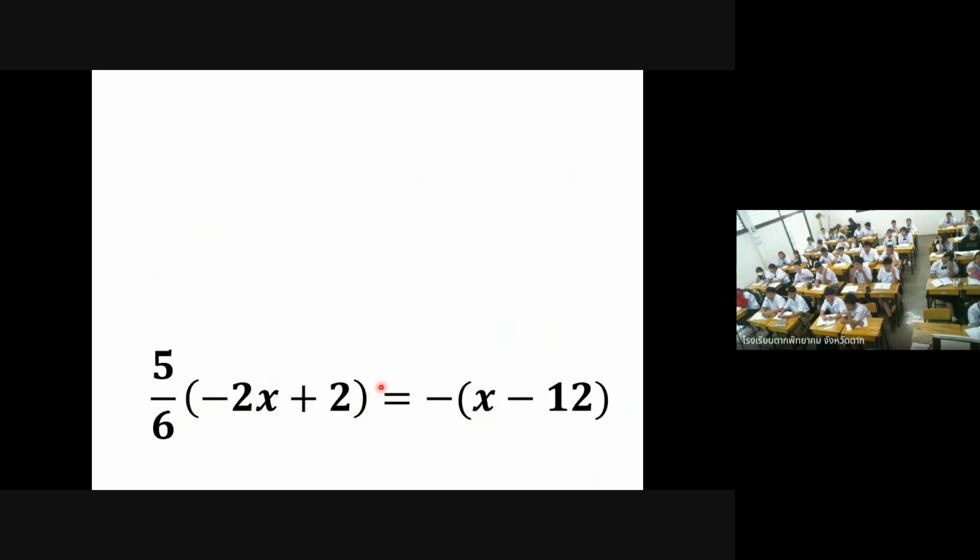Okay, that's good. Again, this is 5 over 6 times the quantity negative 2x plus 12 is equal to negative times the quantity x minus 12. Okay, again, you need to add it to your vocabulary. You understand?